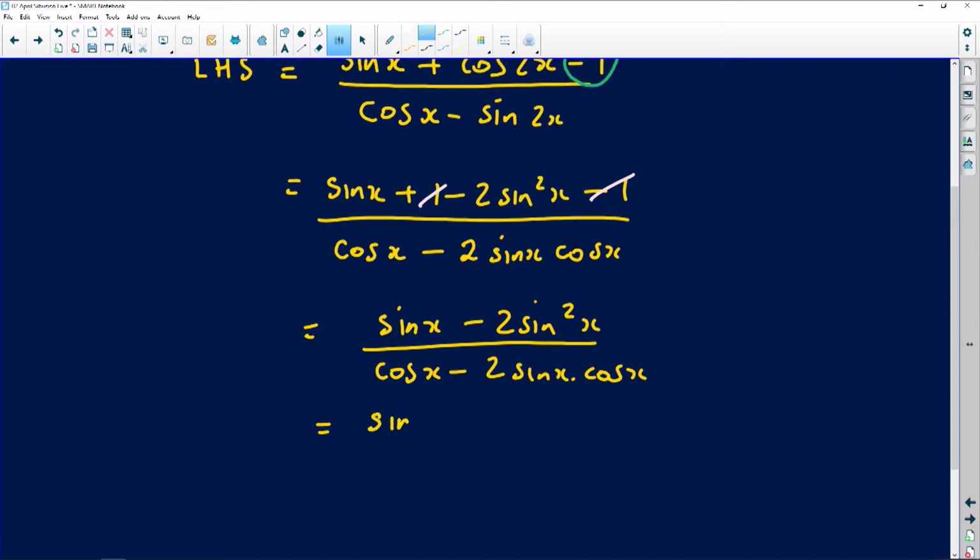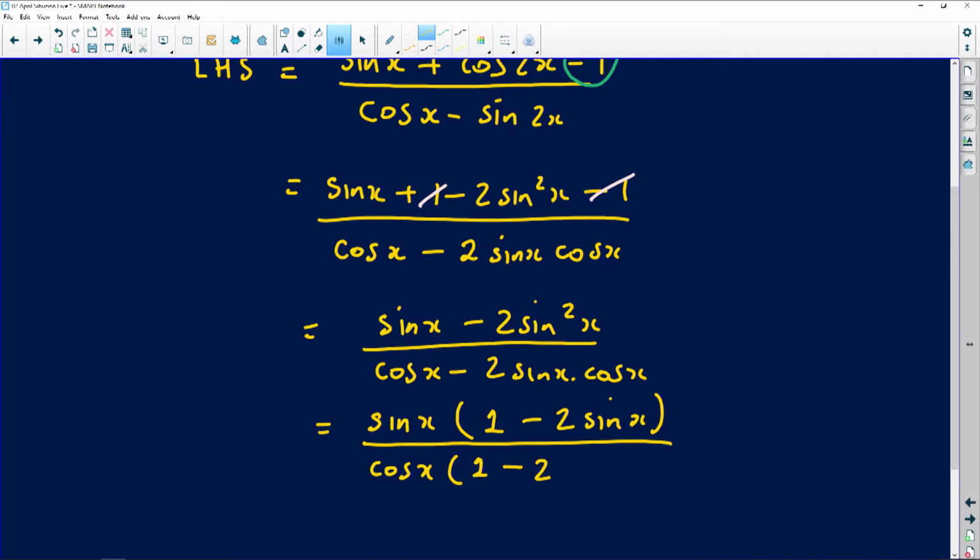I'll have sine of x into, when you factor out sine x in the first term, you'll be left with a 1, and when you factor out sine x in the second term, you'll be left with 2 sine of x, divided by, on the denominator, the common factor is cos. There's cos in the first term and also cos in the second term. I'm going to factor it out. I'll have cosine of x into 1 minus, and on the second part, you'll be left with 2 sine of x as well.